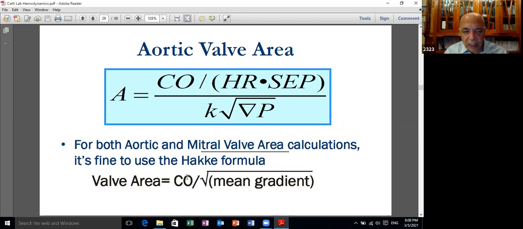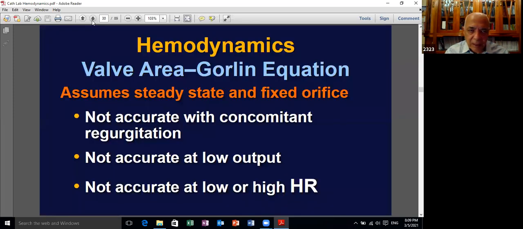You just need the cardiac output and the mean gradient. Even if you don't have the mean gradient, if you have the peak-to-peak gradient or the peak instantaneous gradient, then it works. So the valve area for the aortic valve is the cardiac output divided by the square root of the gradient, and for the mitral valve area it is the same. But the detailed equation is here for your interest.